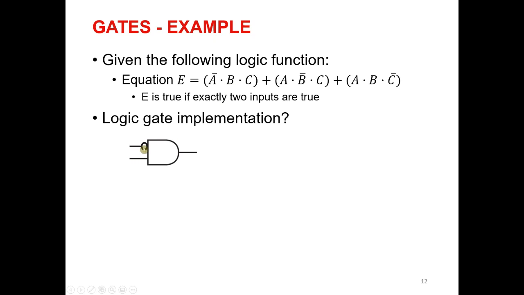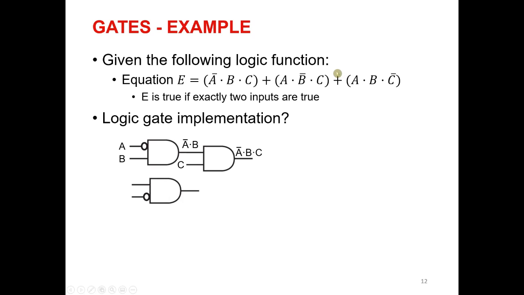With this bubble, remember, it is equivalent to having an inverter here. So this will be A negated because of the bubble. Then we will have B, and with this we will have A negated and B. We add another AND and then we add the input C, and with this we have the first component of this equation, not A, B, and C, which is the first part of the equation. Now we need the other two parts.